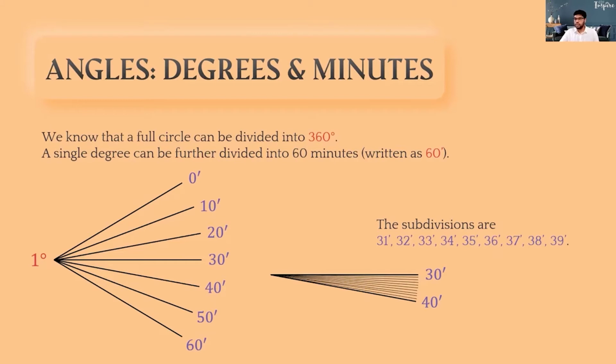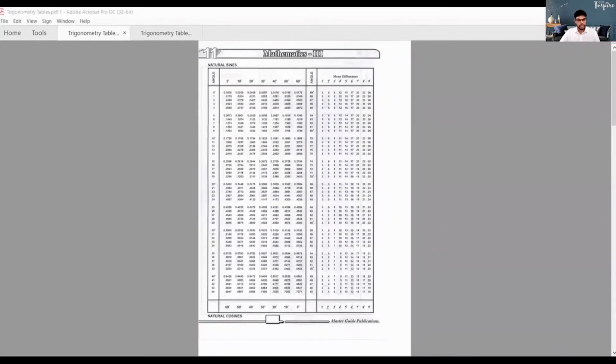I'll show you what the trig table looks like. Children, this is the trigonometry table, one page of it. Now remember, there are 3 trigonometric functions: sine, cos, and tan.